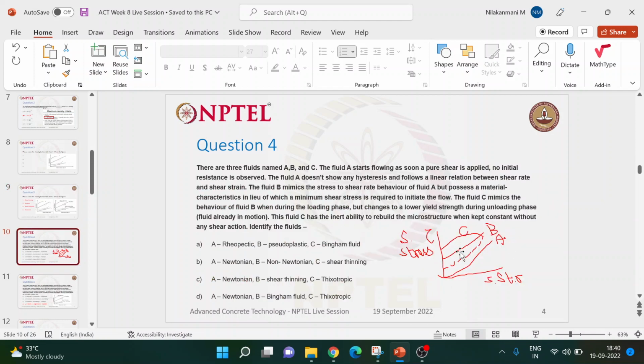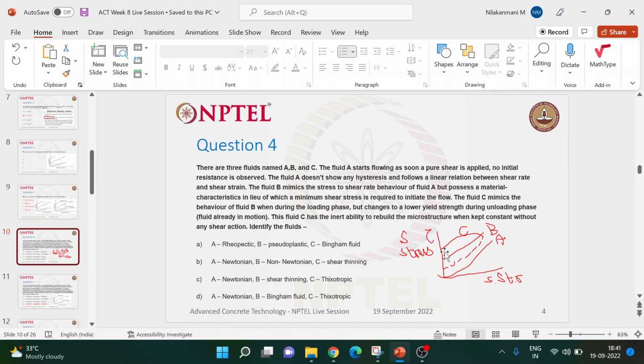Okay, ma'am. In the case of shear thinning, if we unload the strain, ma'am, then what happens? Will it follow the same curve, or will it come back along the dotted lines, ma'am? That we are not sure, right? There can be an ideal material which follows the same path as well, right? We can't say all shear thinning fluids should follow the same pattern.